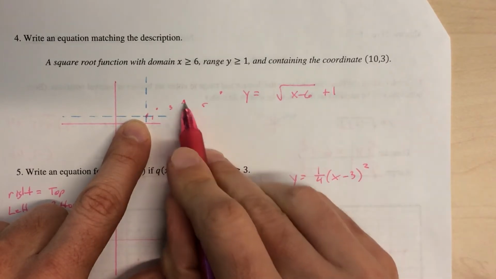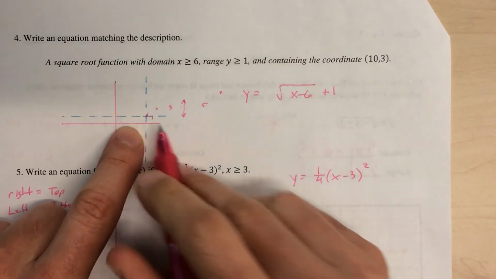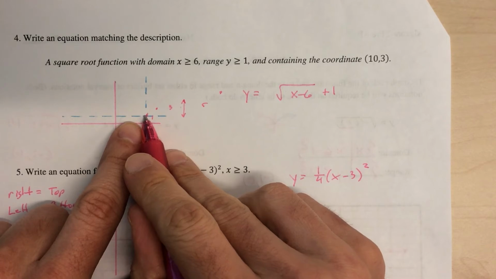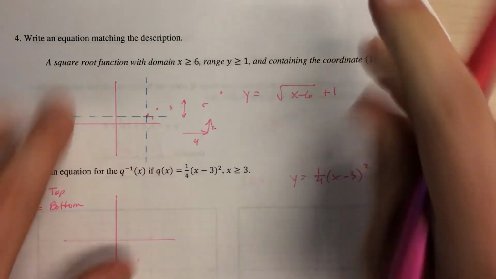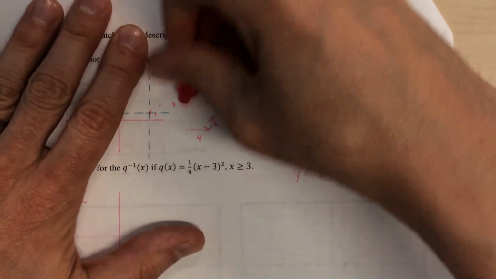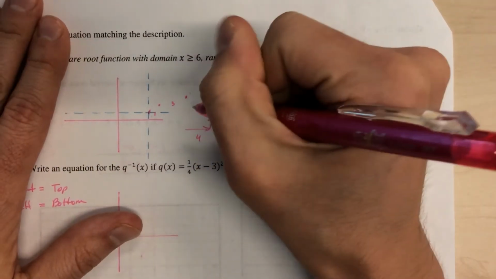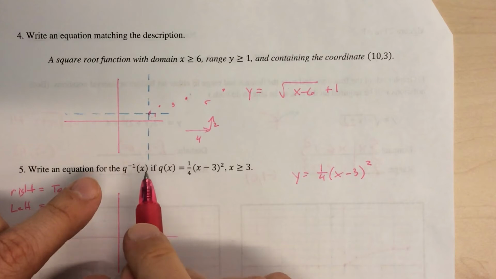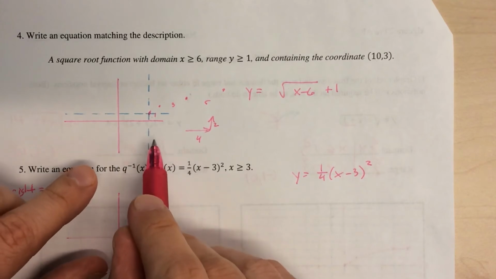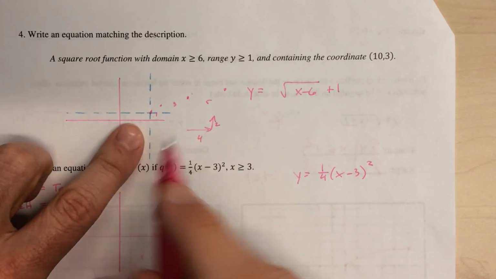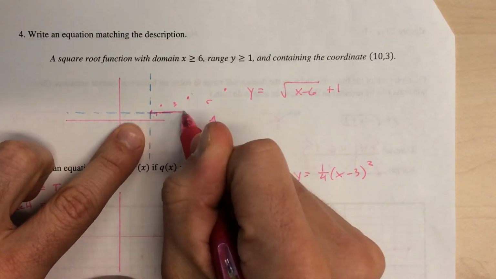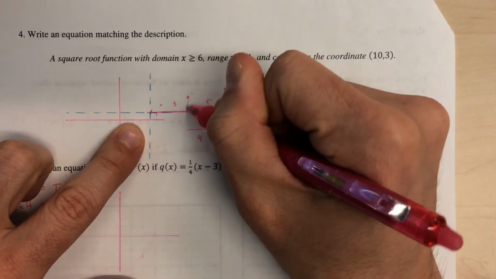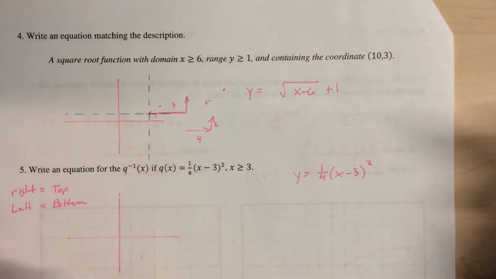To get to the 3, I'm going to have to go up 2 units, because I'm already at 1. Okay, so I have to go over 4 and up 2. Let me erase that because it's sort of in the way. And when you compare it to the parent function, that actually turns out to be perfect. Over 4 and up 2 to grab that point.